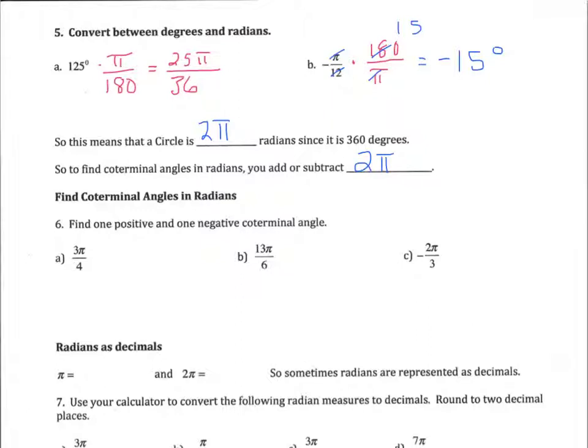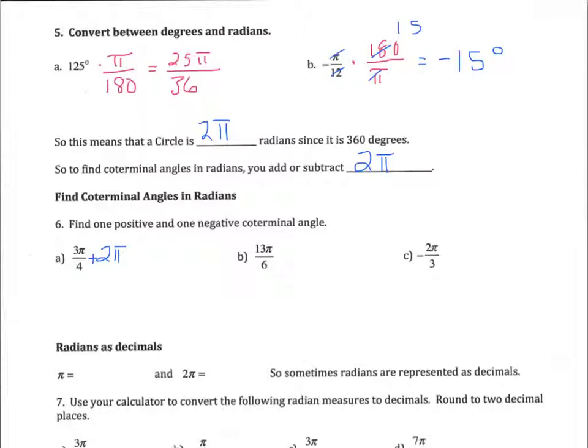If I want to find one positive and one negative coterminal angle to 3 pi over 4, I don't have to convert 3 pi over 4 to degrees and then add 360 and then convert it again. That's too much work. All I have to do is add 2 pi to get a positive coterminal angle.